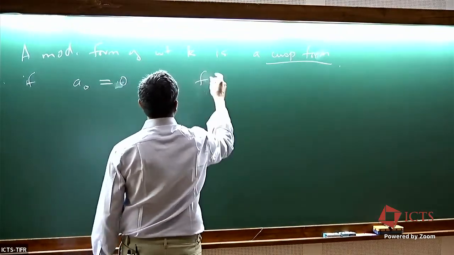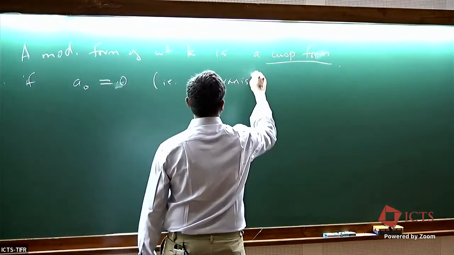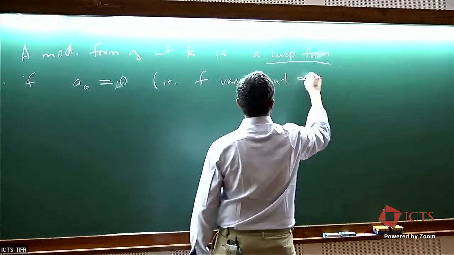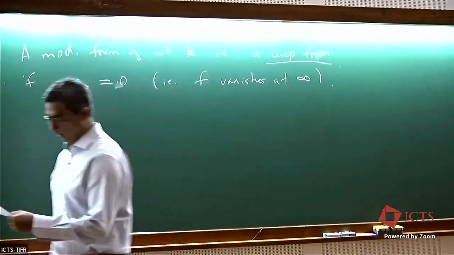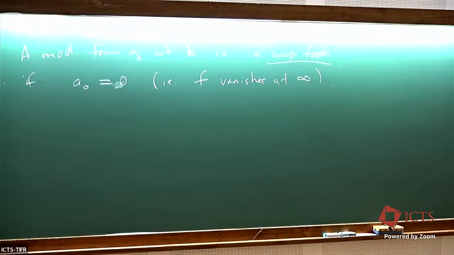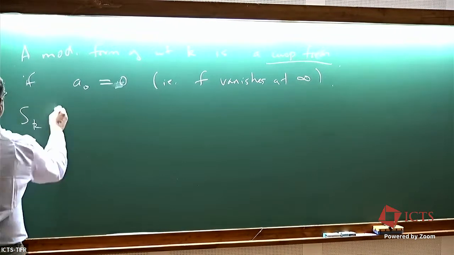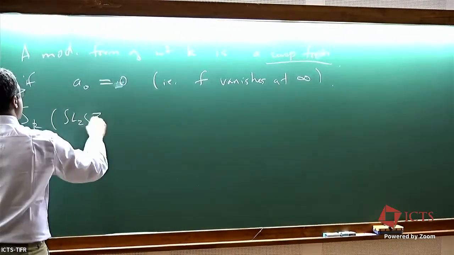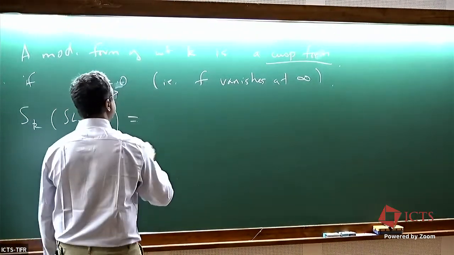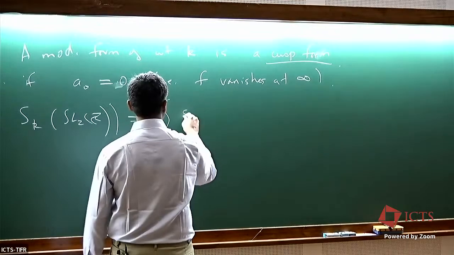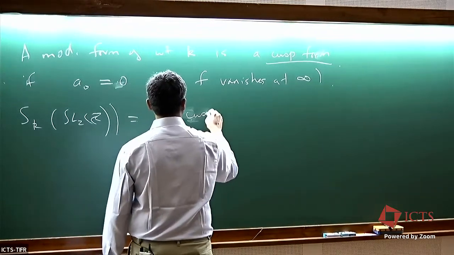I.e. f, and people just say this informally as saying f vanishes at infinity. Technically, it's q equals 0. So again, some notation, we let S_k(SL2Z) be the space of cusp forms, the subspace of cusp forms of weight k.